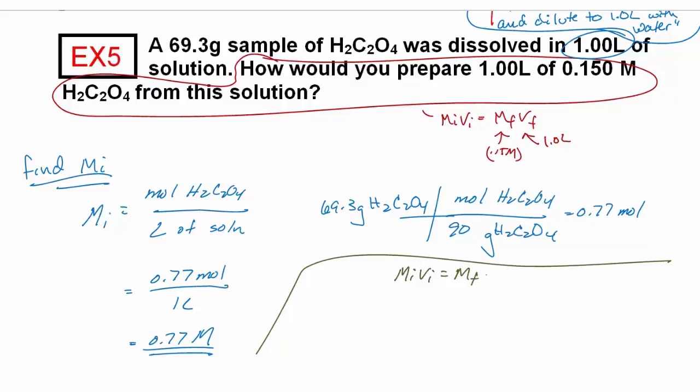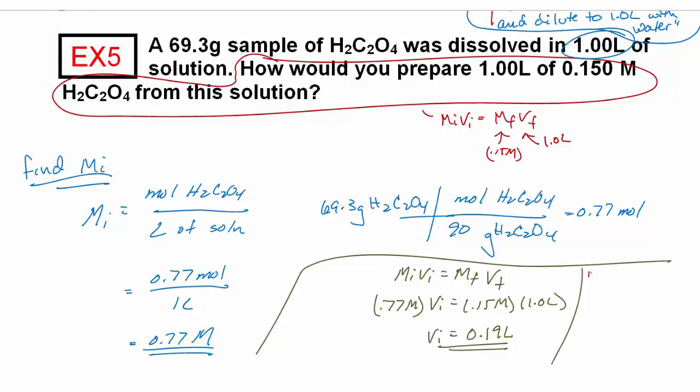Okay, now I have MiVi equals MfVf. Let's get that Vi. Mi is 0.77 molar. Vi, Mf is 0.15 molar. Vf is 1 liter. Solve for Vi. 0.15 times 1 divided by 0.77, 0.19 liters. All right, because my final units are in liters.